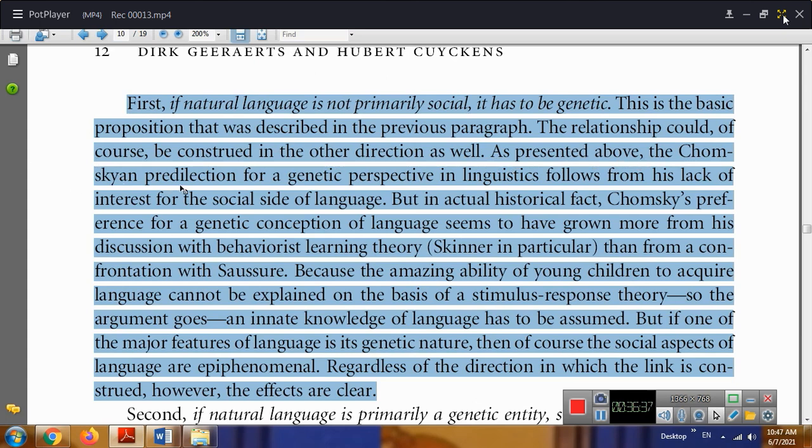As presented above, the Chomskyan predilection for the genetic perspective in linguistics follows from his lack of interest in the social sides of language.